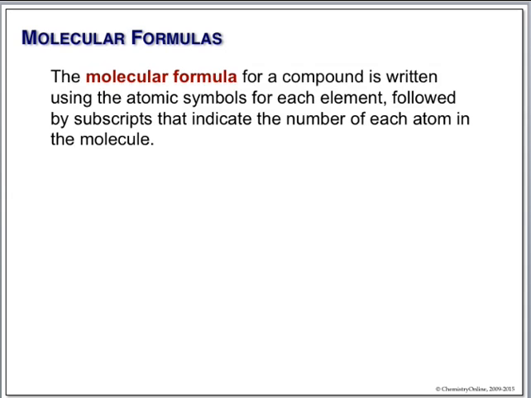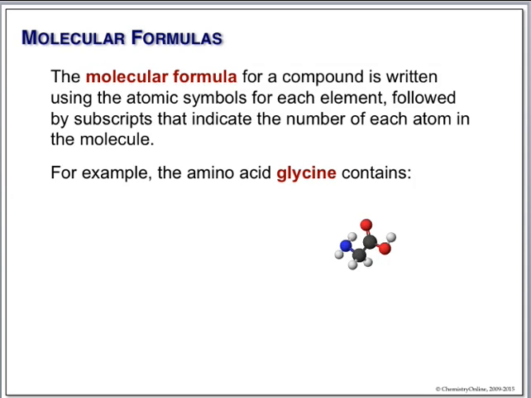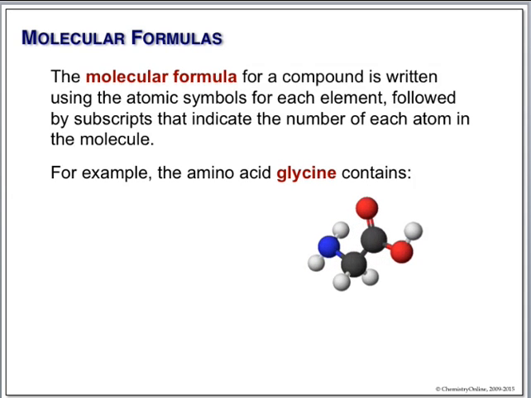We saw our friend glycine. This is a ball and stick glycine. If we wanted to convert this to the molecular formula, what we would do is look at the number of carbons, hydrogens, and oxygens. We see that this has 2 carbons. It has 1, 2, 3, 4, 5 hydrogens.